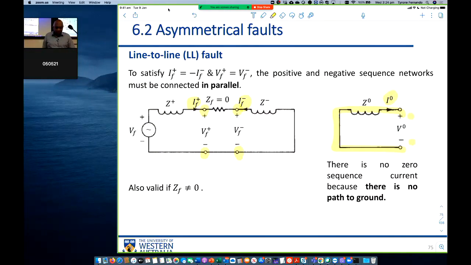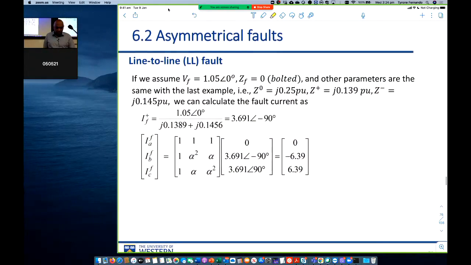IF plus would be the voltage divided by the positive sequence and the negative sequence impedance, right? We don't care about the zero sequence. So the positive sequence and the negative sequence impedance, which are these two values. This VF value divided by that. So we have IF plus, right? So this is IF plus.